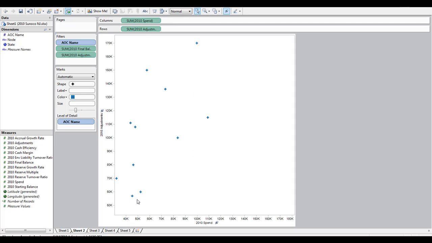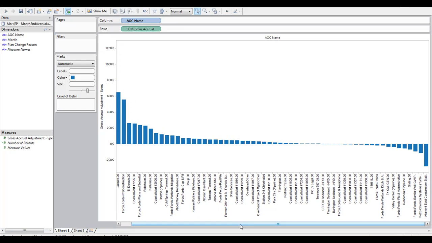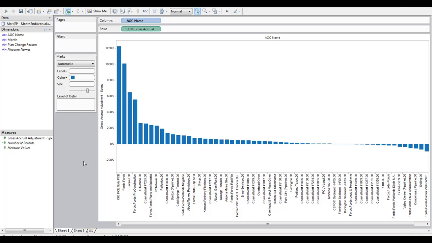In our last example, we're going to look at accrual adjustments and the reasons behind them. In this chart, we have our sites on the x-axis for the portfolio that we're analyzing, and the dollar amount for the accrual adjustments made during the previous period. You can see some of the sites had positive increases and other sites towards the right end of the graph had negative accrual reductions.